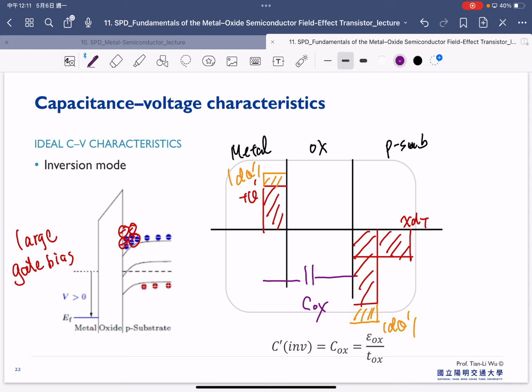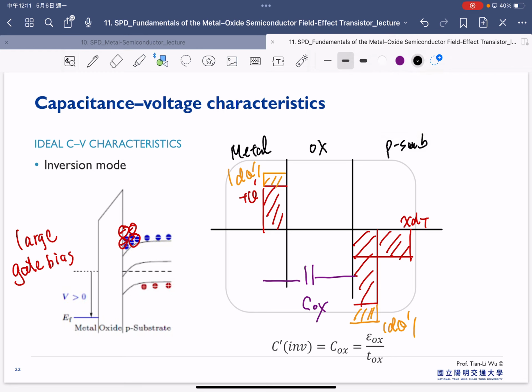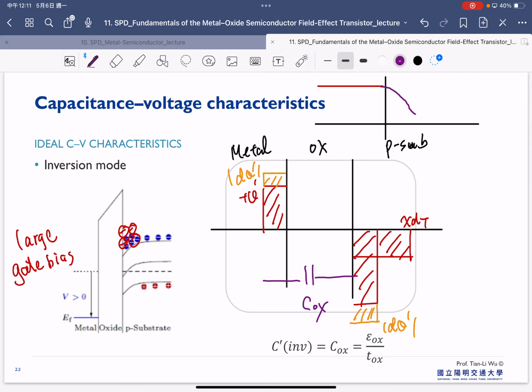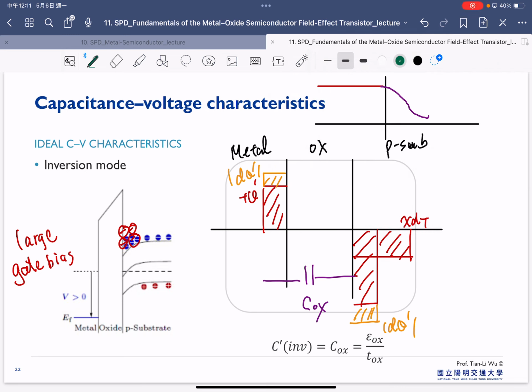If you try to plot the full CV curve here, finally we can complete this CV curve. First of all, we have a C accumulation, we have a C depletion reaching the minimum, and again it moves to the inversion, and you're back to Cox again.